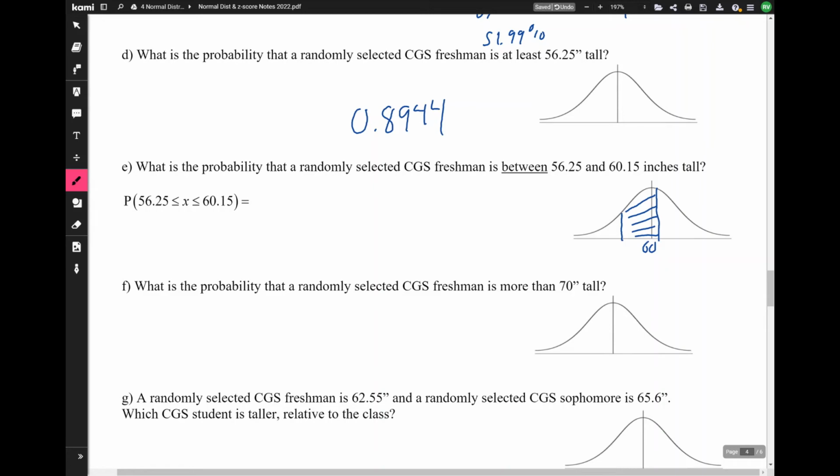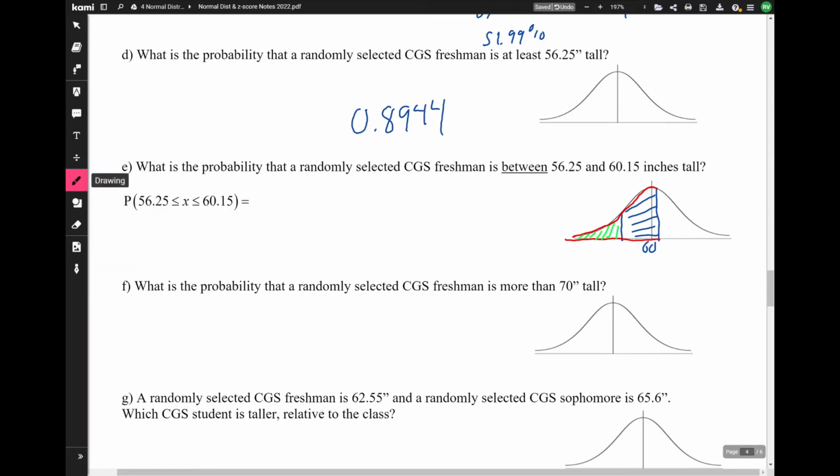Now, how do we calculate these kinds of probabilities? Well, here's what you can do. You can think of this region as being, what if we took the whole tail from 60.15? What if we calculated that left tail, and we can use a table to find that, and then we subtracted the tail from 56.25, that would leave us with the blue region, the part that we want.